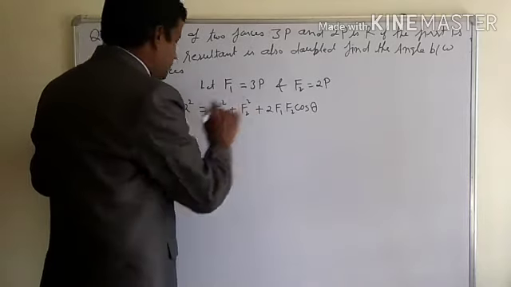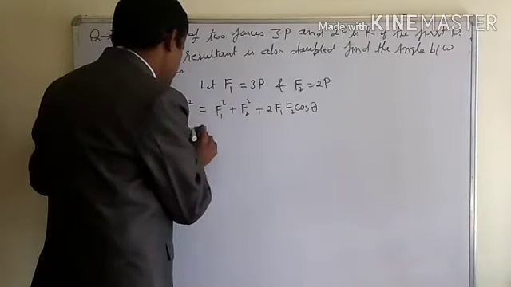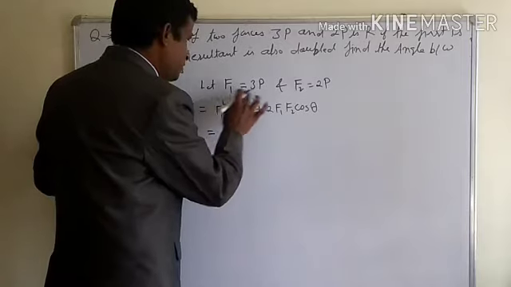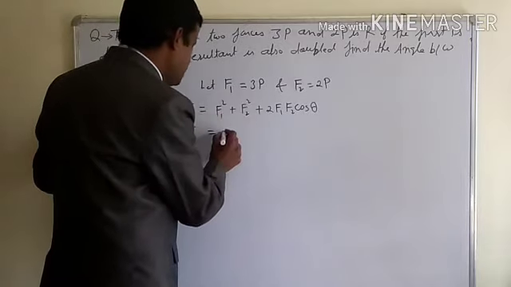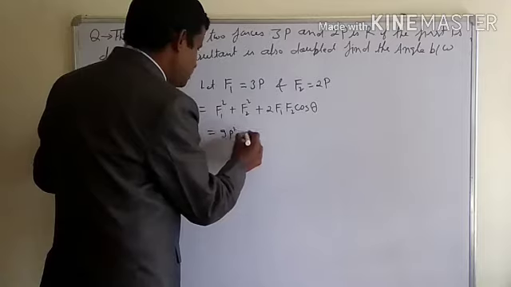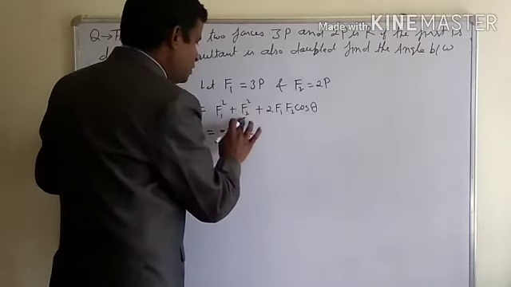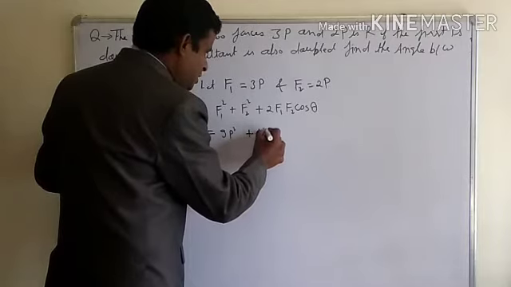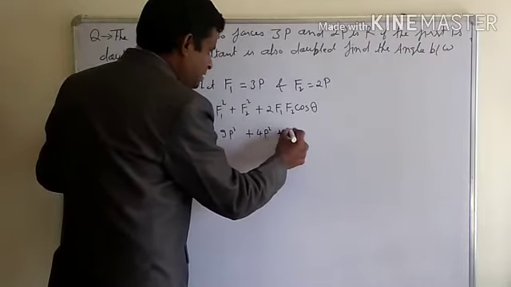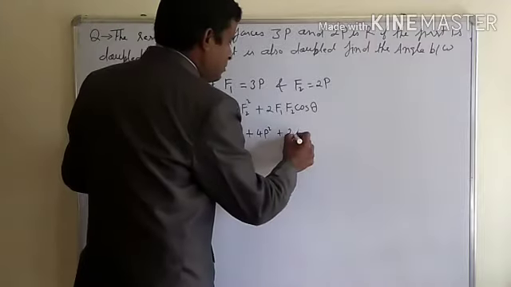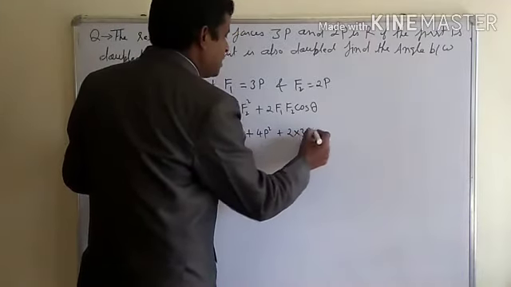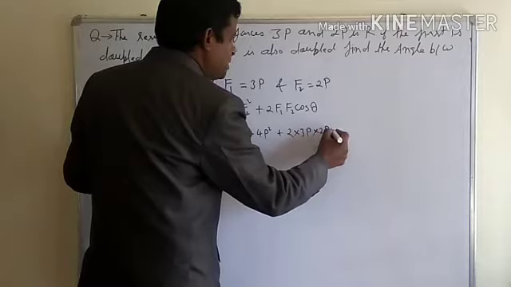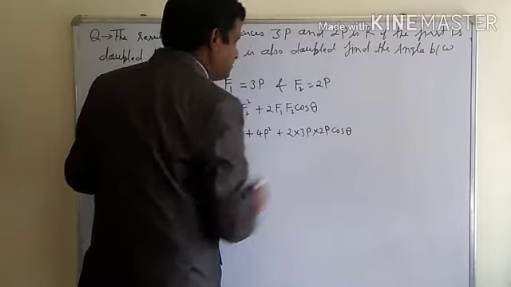Now put the values over here. By substituting the values, we will write R square is equal to F1 is 3P, 3P square means 9P square, plus F2 square means 4P square, plus 2 times F1 means 3P, F2 means 2P, and cos theta.